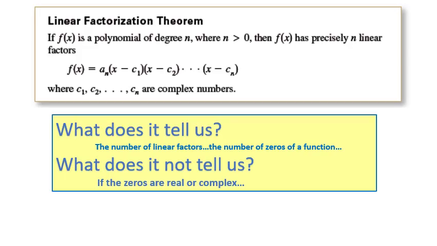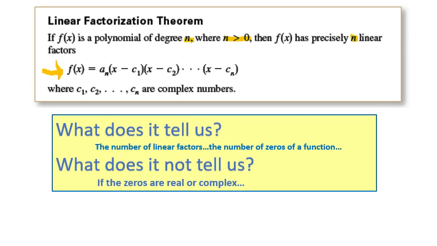So the linear factorization theorem tells us that if we have a polynomial of degree n, where n is greater than 0, so it's some polynomial like n to the first, n squared, n cubed, then that function has n number of linear factors. So it can then be written as a product.